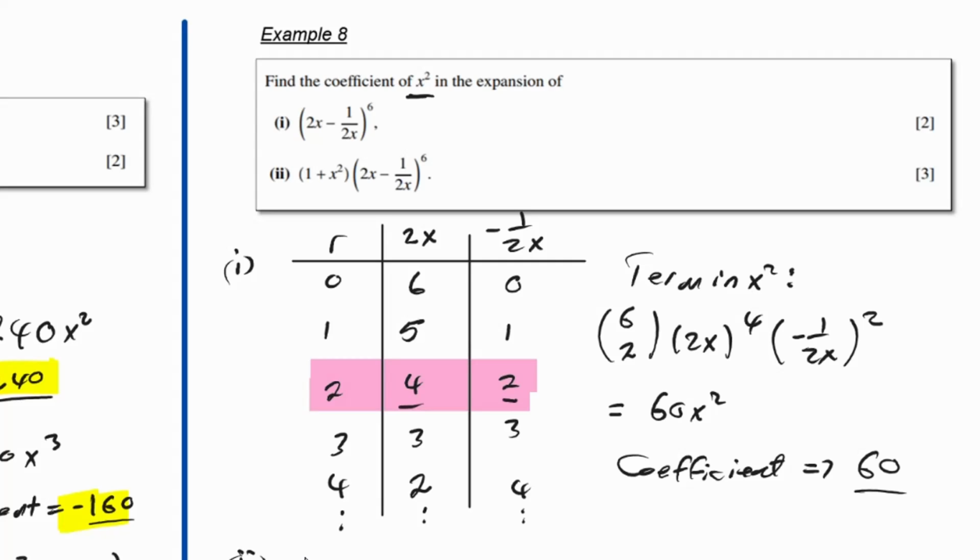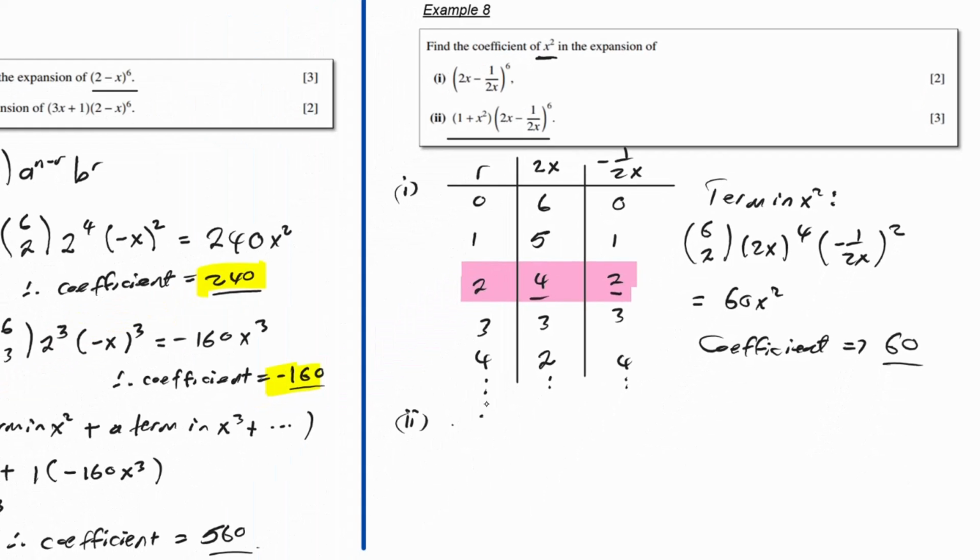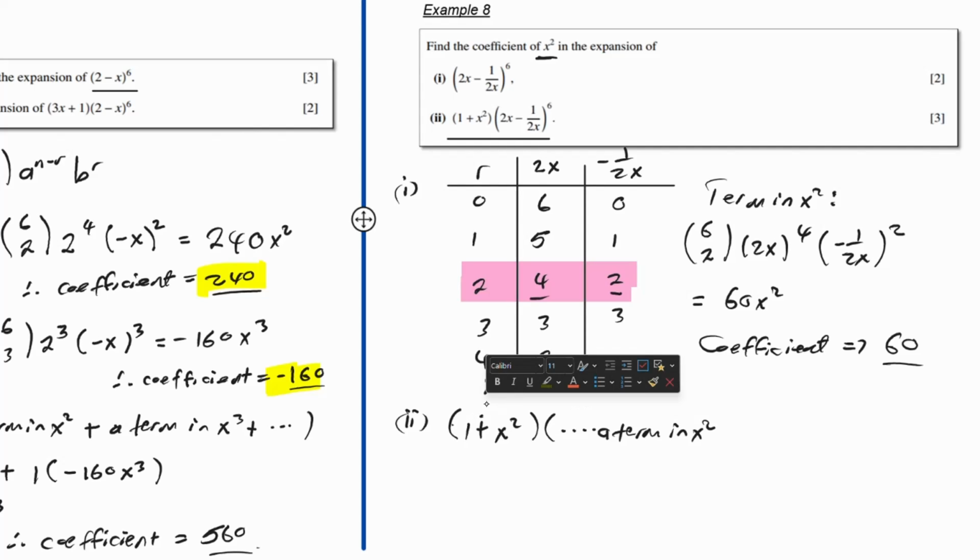Part 2 says we should also find the coefficient of the term in x squared in the expansion of this. So we will get a term in x squared when the bracket 1 plus x squared multiplies the second bracket, and inside the second bracket we should have a term in x squared, because 1 has to multiply that term to give us a term in x squared.